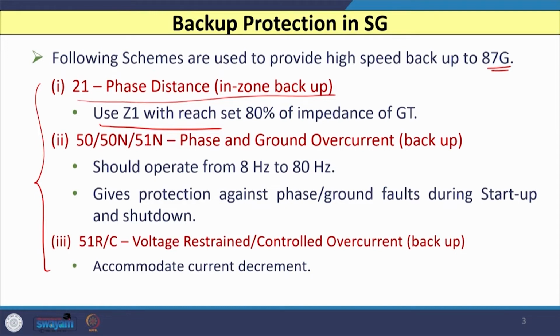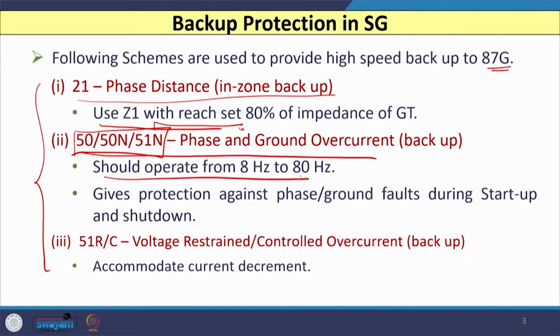In some of the cases utilities are also using a relay based on overcurrent. They may use the 50 or 50N, which is an overcurrent relay which operates instantaneously, and this is used both for phase as well as ground backup.